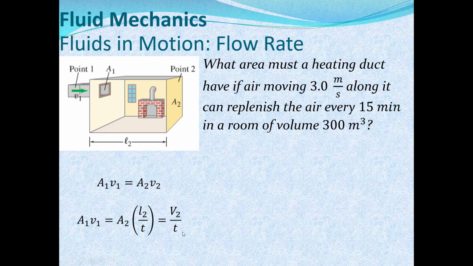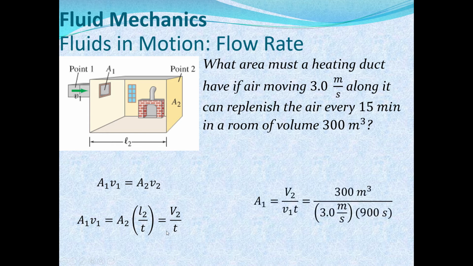This was from what we said before when we were doing our derivation on the mass flow rate. So we take this, we're solving for A1, we move V1 over to the other side, and now we can plug our numbers in. Again, we have to get our units all the same, so we have to get this 15 minutes into seconds, and we get that the area of the vent needs to be 0.11 meters squared.